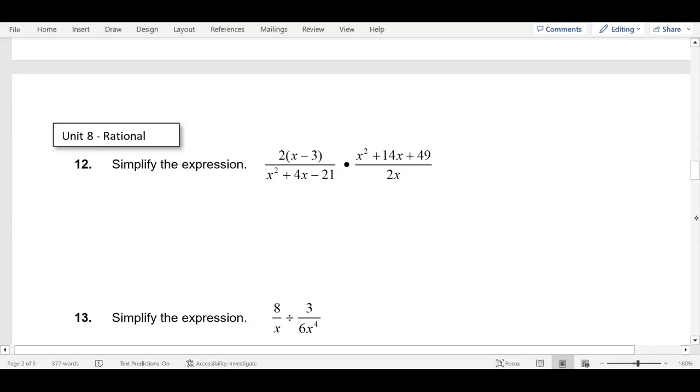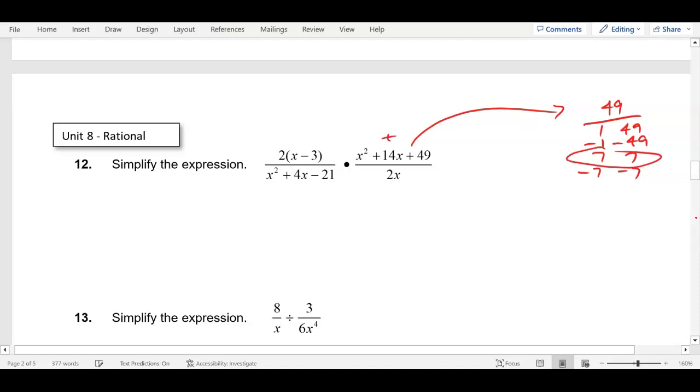All right, simplify the expression. What we're going to have to do on these is we need to factor each of these. Okay, so if we're going to factor this one, 49 factors into 1, 49, negative 1, negative 49, 7, 7, negative 7, negative 7. Which one adds up to make 14?